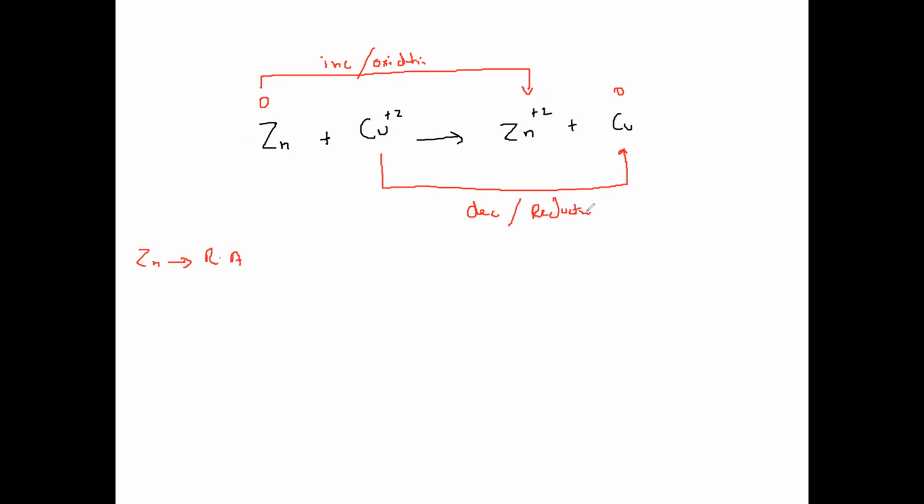So if this is a reduction, what is copper acting like? The copper ion here is acting like an oxidant or oxidizing agent. So from the equation, you should be able to identify the oxidizing agent and reducing agent, or which change is oxidation and which one is reduction.